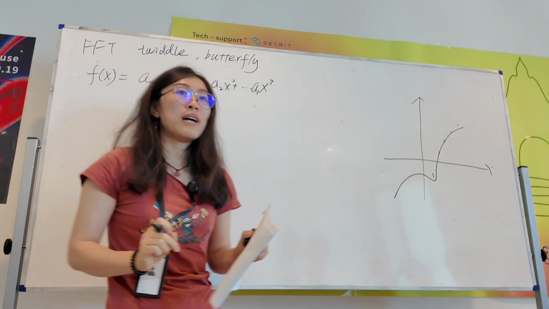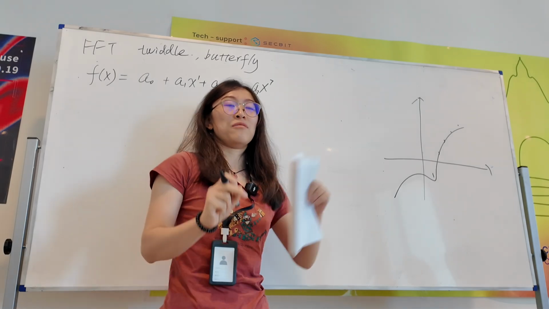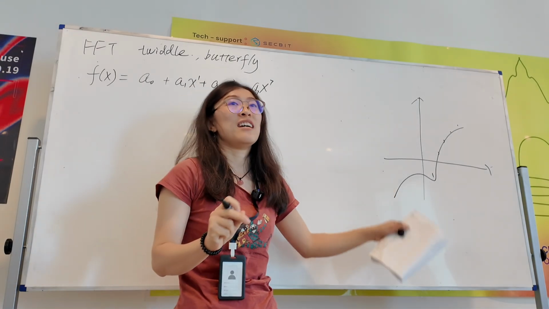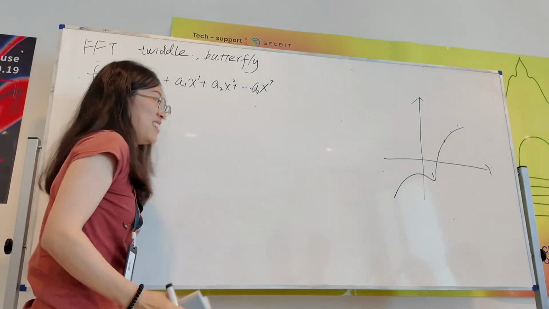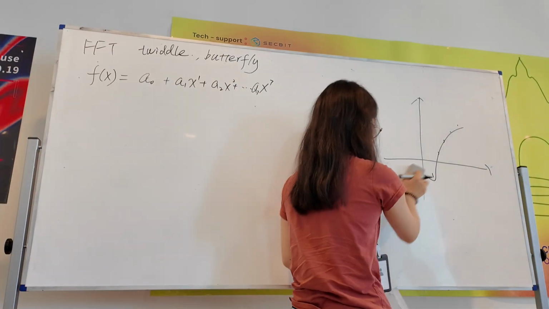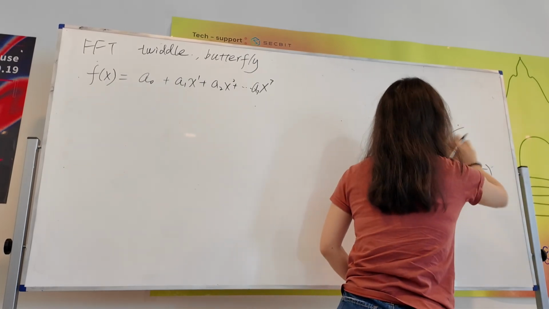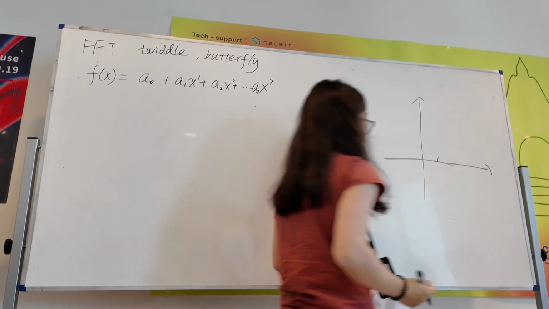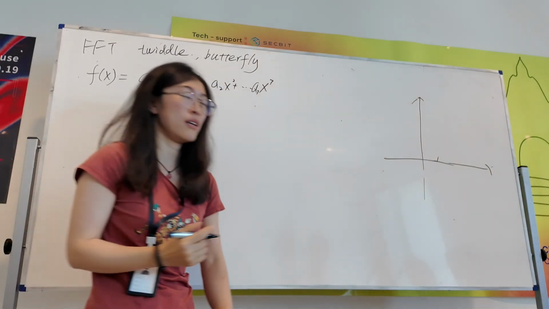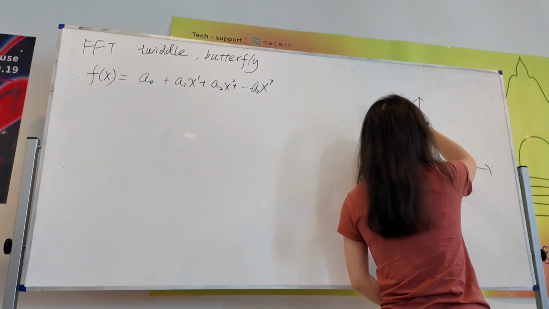Before we do any optimization, I want to first simplify my problem. It's the best way to solve a problem, to make your problem easier. Instead of working on a generalized polynomial, I want to work with a special polynomial.